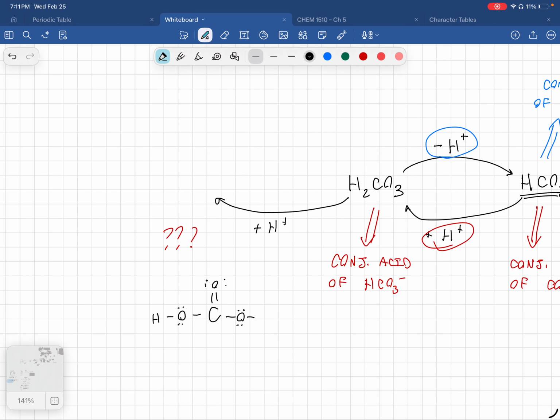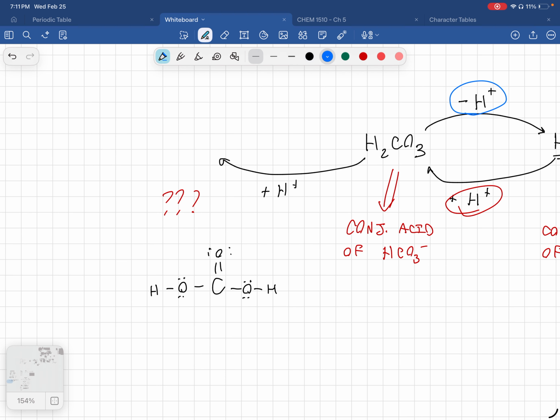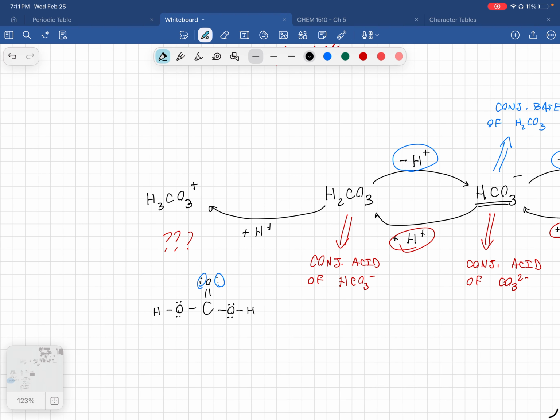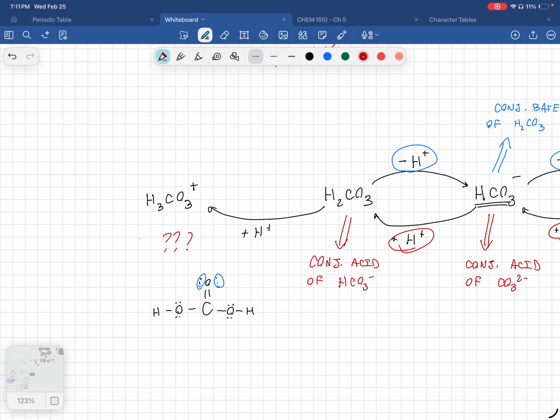So there's our H2CO3, and as you can see, there are lone pairs here. We can add a proton to this, forming, theoretically, H3CO3+.